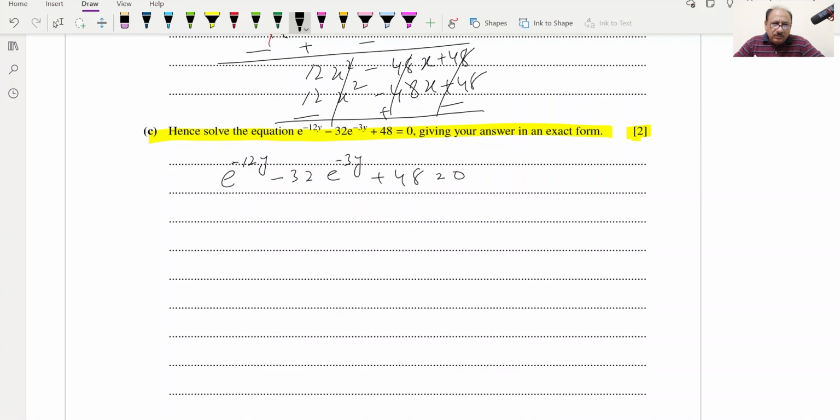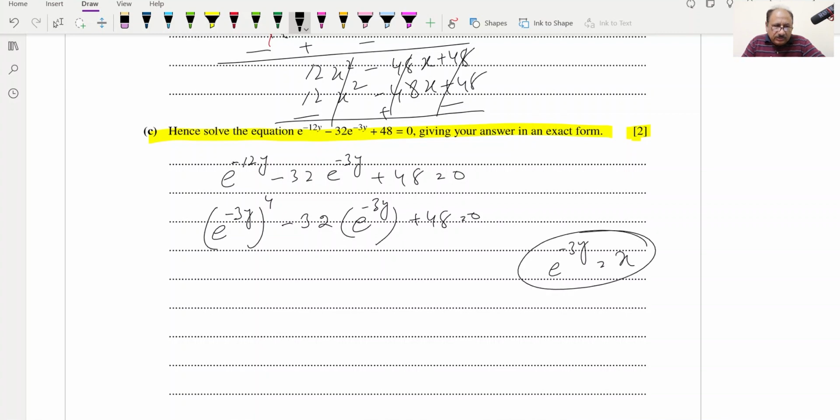So we can write this as (e raised to the power minus 3y) whole raised to the power 4 minus 32 e raised to the power minus 3y plus 48 is equal to 0. Now we can write e raised to the power minus 3y is equal to x, and this will be x raised to the 4 minus 32x plus 48 is equal to 0.